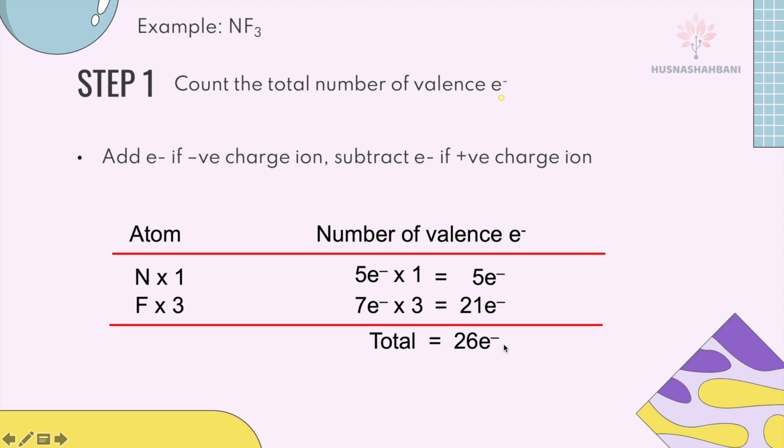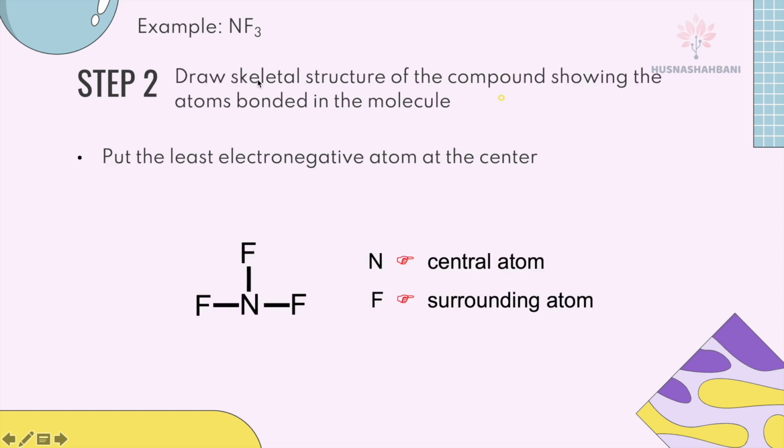That's the first step. For the second step, draw skeletal structure of the compound showing the atoms bonded in the molecule. So now we know we have NF3. You have to choose which atom needs to be at the center. The atom that needs to be at the center is the atom that has least electronegativity.